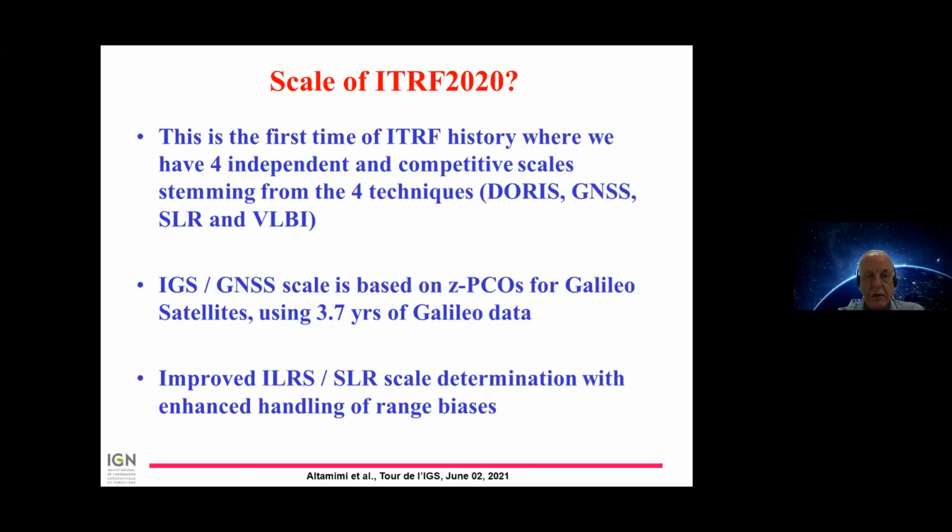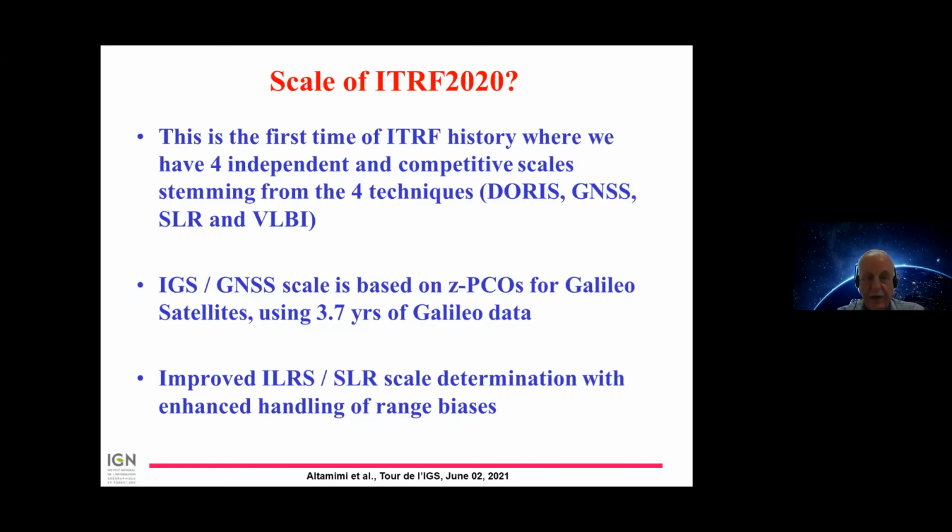What you should know is that the GSA, the authority of Galileo, actually published the metadata and especially the ZPCOs for Galileo satellites. But keep in mind that the IGS scale this time is based on 3.7 years of Galileo data. And if I am wrong, Paul, please correct me.